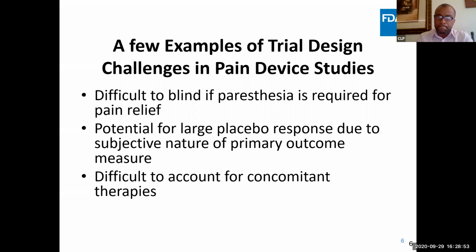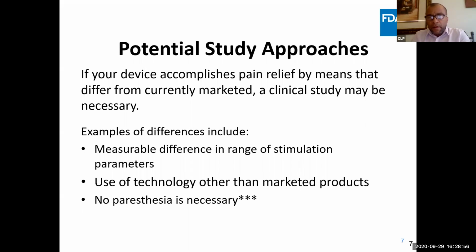Next slide. And so one question that you may have is, when is a clinical study warranted? And typically clinical studies may be warranted if, for example, there are measurable differences in the range of stimulation parameters to marketed devices that I just mentioned in the previous slide, or if the use of the technology or output parameters differs from currently marketed products or is novel as a new product, and especially if the device does not provide a sensation, the paresthesia, when using the device.